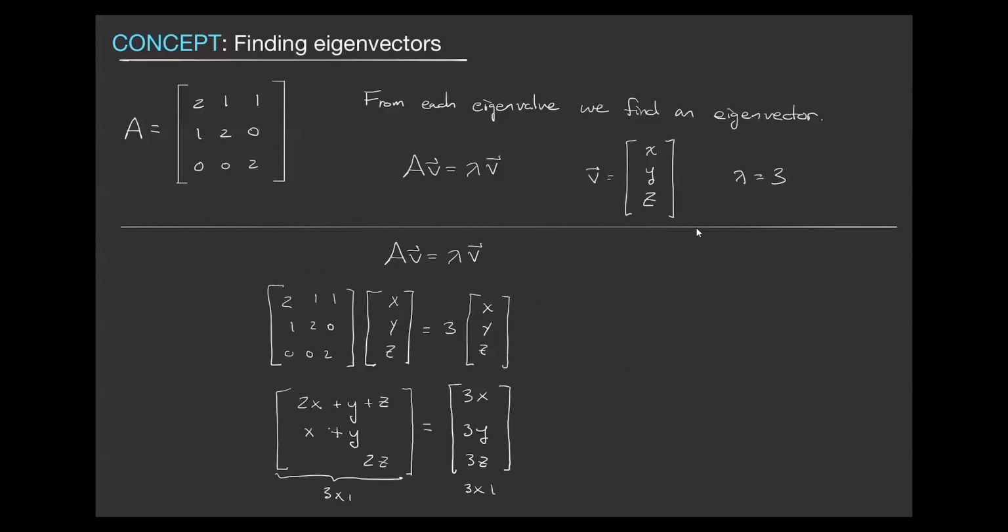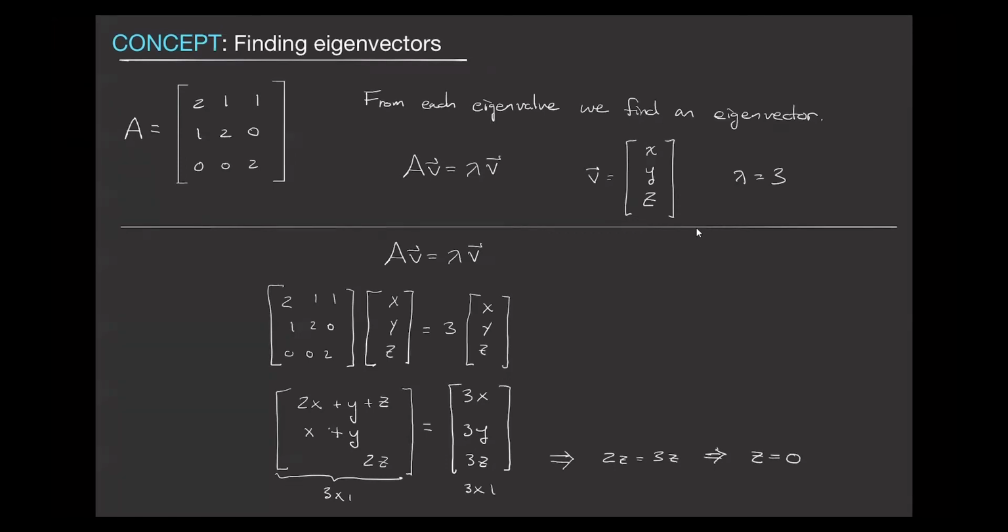Now, what this gives us is another system of equations just arranged as a matrix. Let's say in the bottom case, we have 2z is equal to 3z. And of course, that tells us that z is equal to 0.